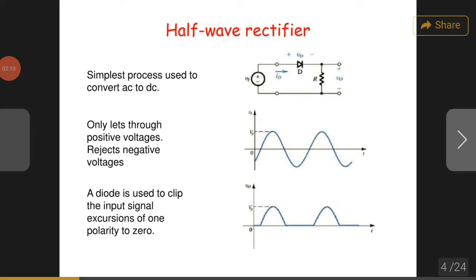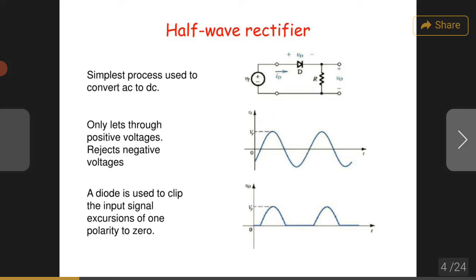Firstly, a diode which converts AC to DC. The diode conducts in the positive half cycle, and it is off in the negative half cycle.